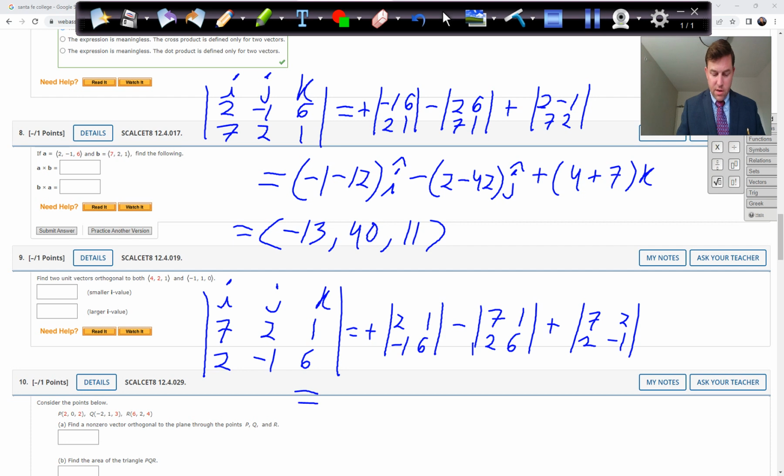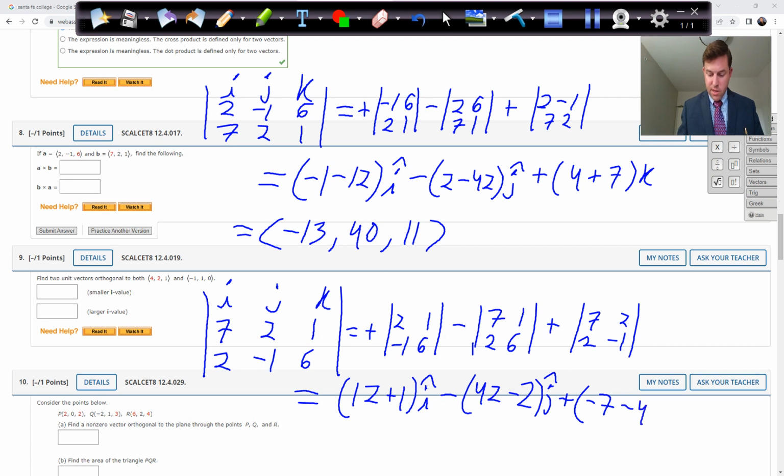This will equal 2 times 6, 12, minus minus 1, so plus 1 in the I, minus 7 times 6 is 42, minus 2 times 1, which is 2 in the J, plus 7 times minus 1 is minus 7. Minus 2 times 2 is minus 4 in the K. And we get 13, comma, minus 40, comma, minus 11.